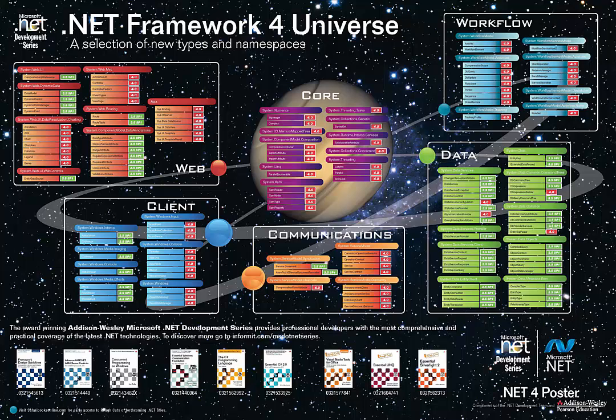One of the things that I want you to consider as you're looking at this diagram holistically is that there's a lot of functionality within the .NET framework, and it's important for you to think outside the box of, I have a form and I have some controls and some buttons and text boxes, and this is all I have to work with.